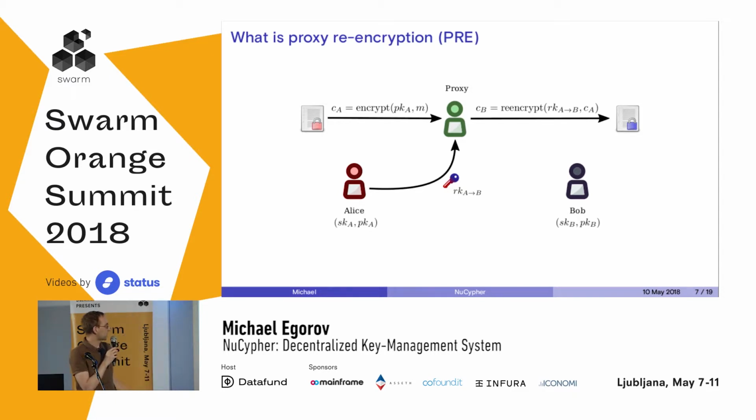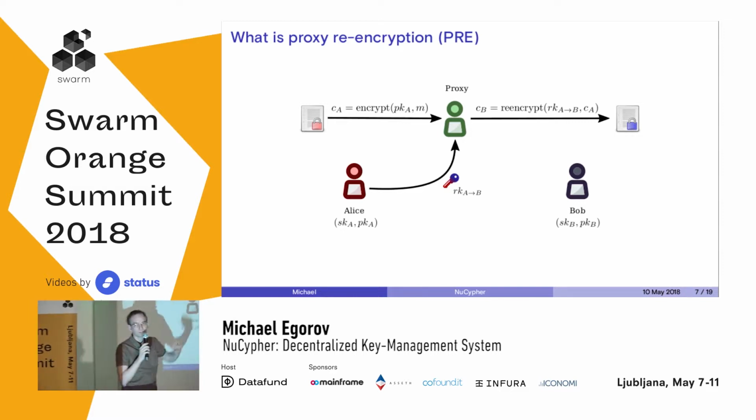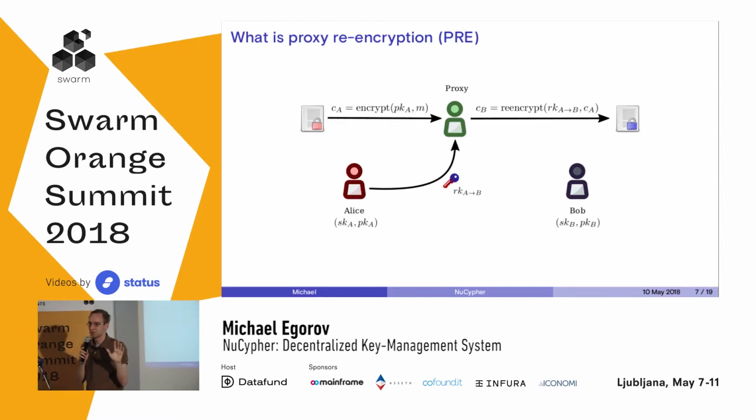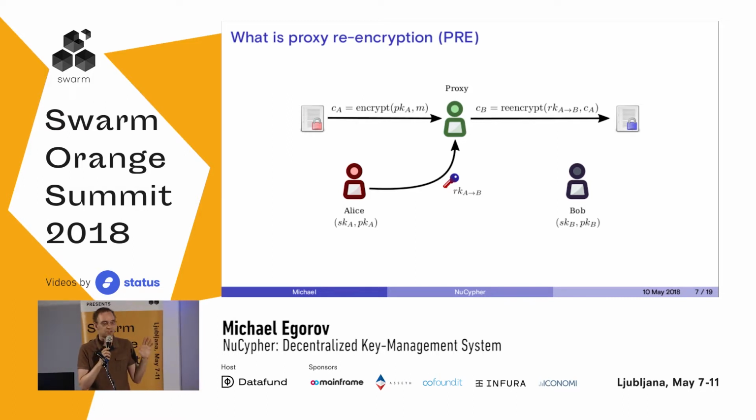She takes Bob's public key and her own private key, and calculates something called a re-encryption key. Then she can give this re-encryption key to the proxy, some third-party service whose only responsibility is to transform the ciphertexts from Alice's to Bob's. The proxy, who has this re-encryption key, cannot do anything else, only transform data.